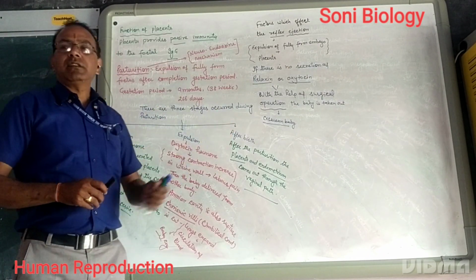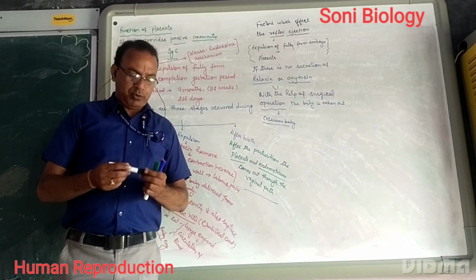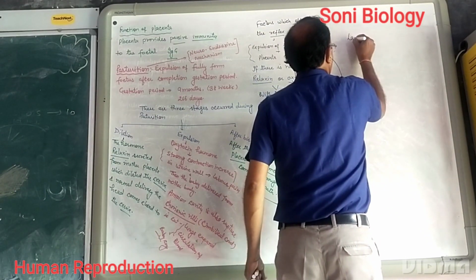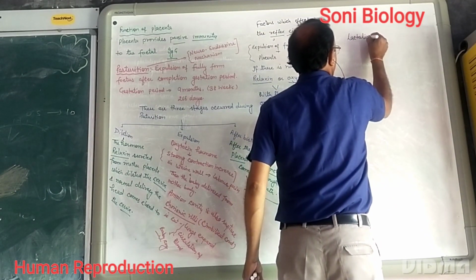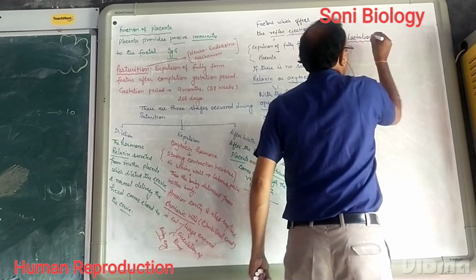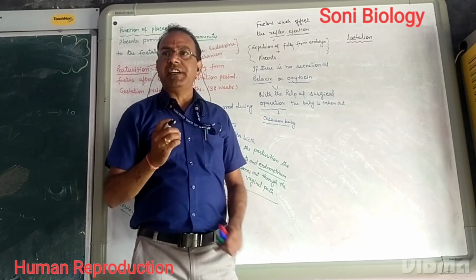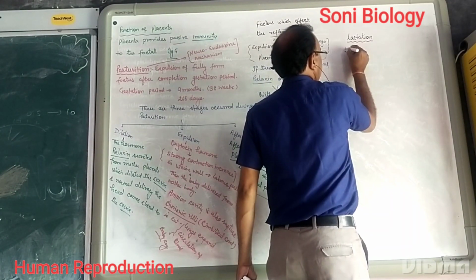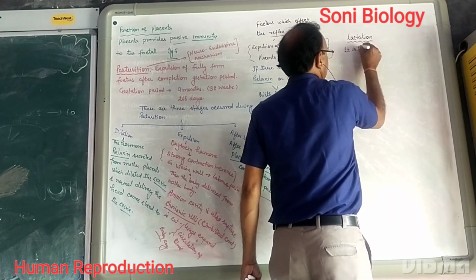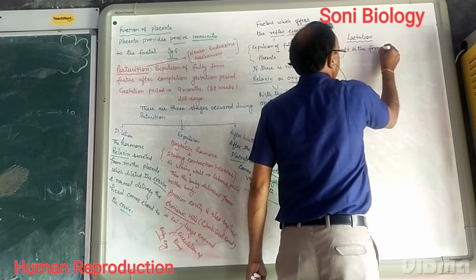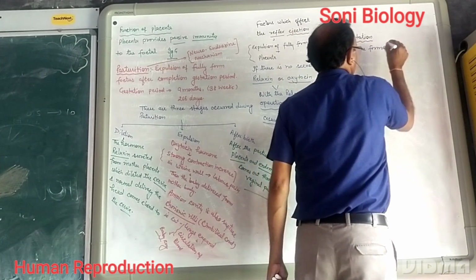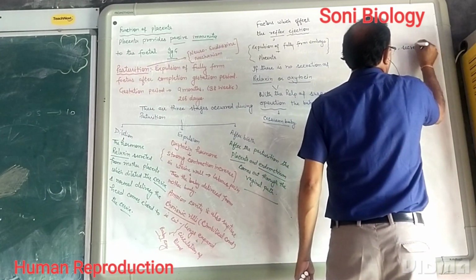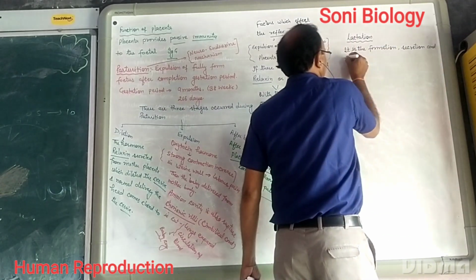After this, the last phase of post-fertilization is lactation. Lactation is the formation and secretion of milk with ejection. What is lactation? It is the formation, secretion and ejection of milk.